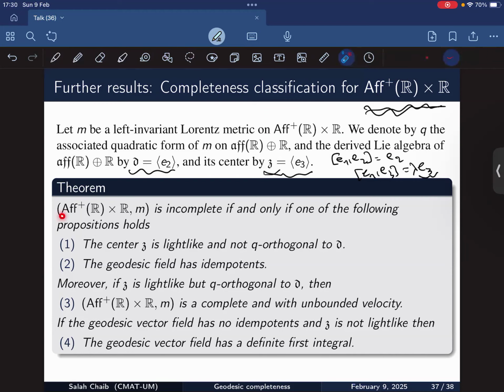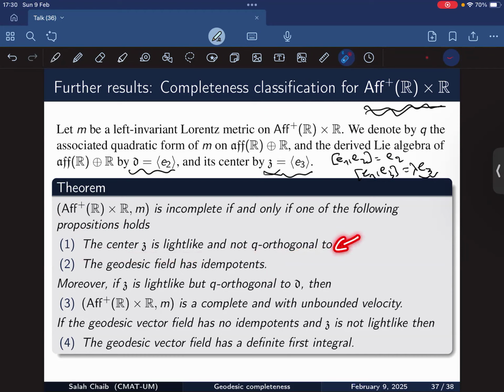And so a left-invariant metric is incomplete on this group if and only if we either have an idempotent, but we have more, as we said, that having an idempotent is the case of Bromberg and Medina. So we have more classes. It's the case where the center is light-like and not orthogonal to the derived.